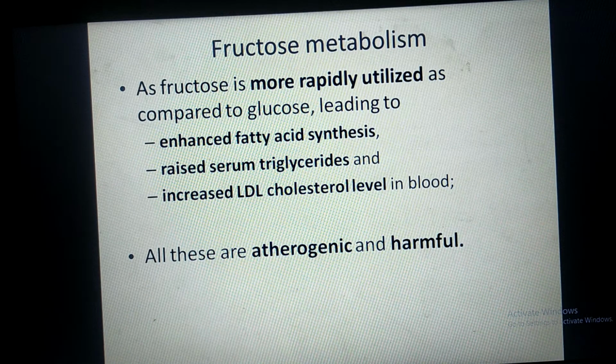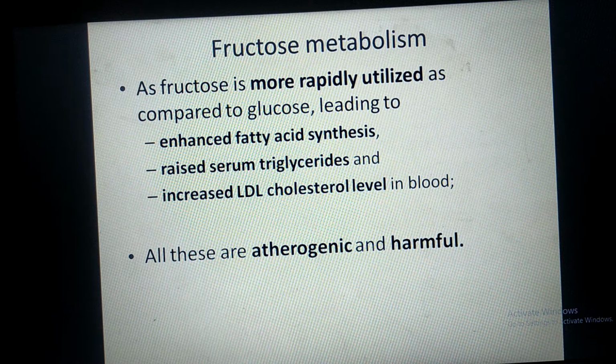First, about atherogenicity. Fructose is more rapidly utilized as compared to glucose. Therefore, it stimulates fatty acid synthesis. It increases the sugar level. It enters the glycolysis pathway, and through glycolysis it forms pyruvate, acetyl CoA and then stimulates fatty acid synthesis.